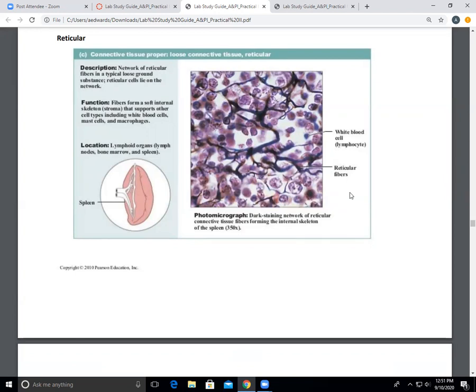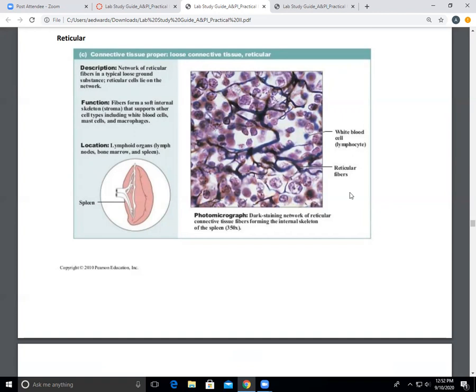For connective tissue, we have connective tissue proper, fluid connective tissue, supporting. Now connective tissue proper is going to have some subcategories.